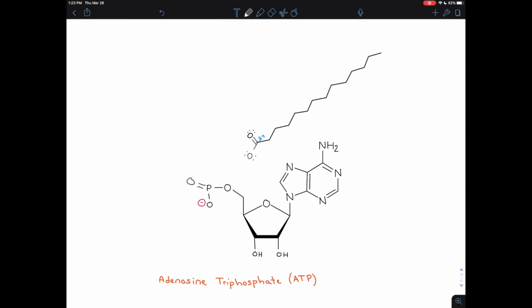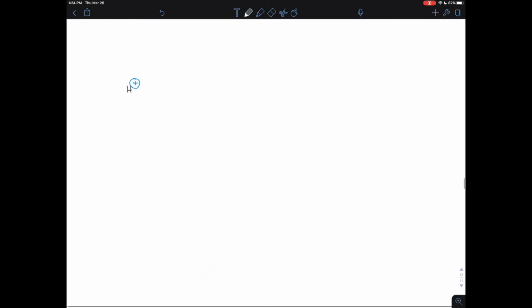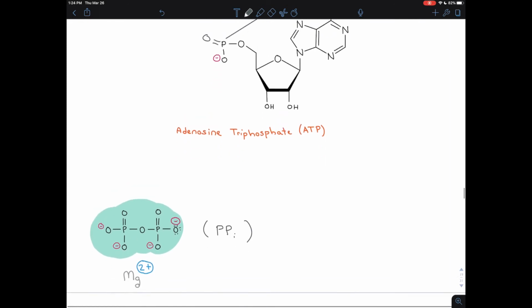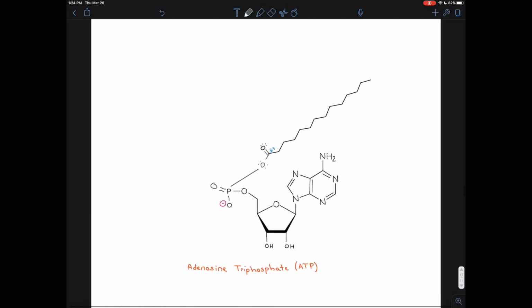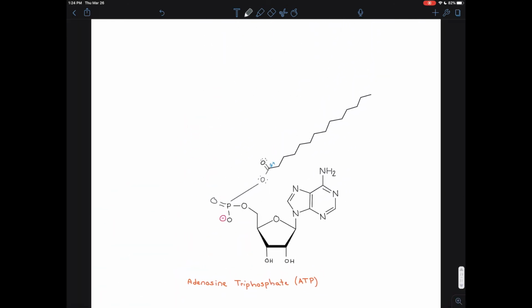What was a lone pair becomes a bond between the oxygen and the phosphorus. I might have had that drawn incorrectly above. Let me just make sure. So that oxygen should have been attacking that phosphorus. Hopefully I had it that way. But it's the phosphorus that has the slightly positive charge.